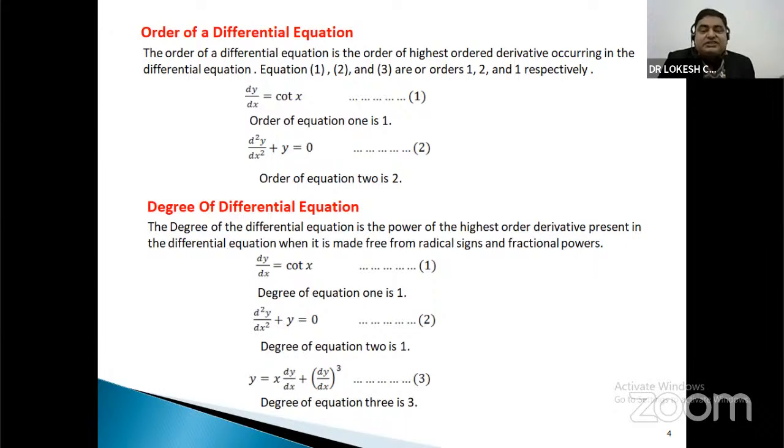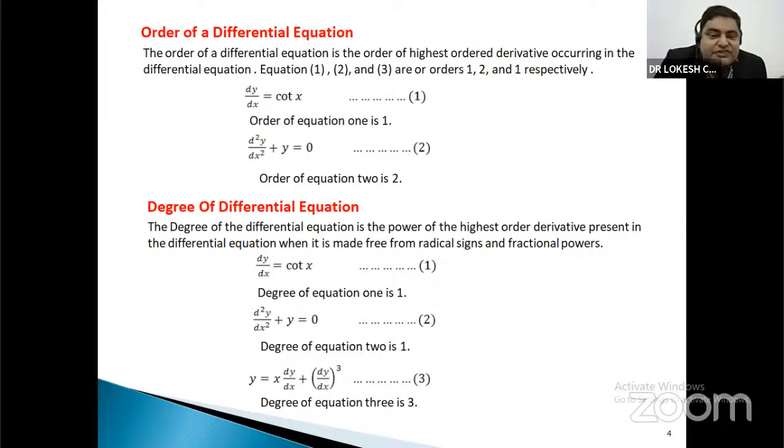So if we check equation number 1 again, dy/dx equal to cot x, here the highest order is 1. The order of dy/dx is 1, but to check the degree, we must check the power of dy/dx. Here the power of dy/dx is 1, so we will say that the degree of equation 1 is 1.